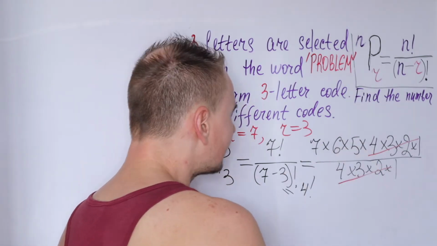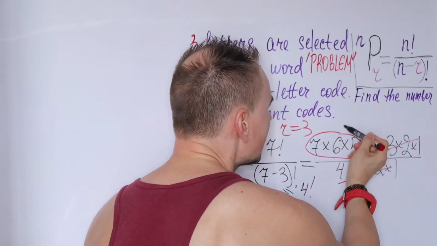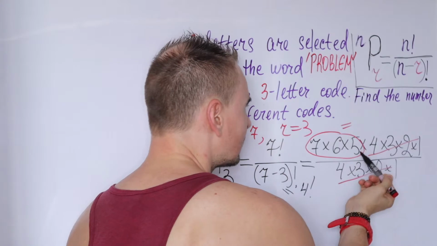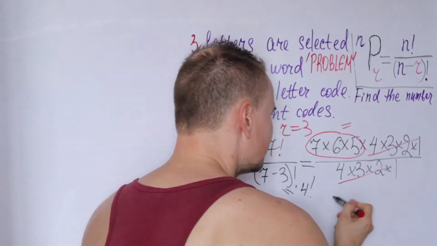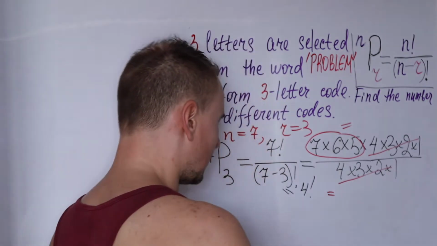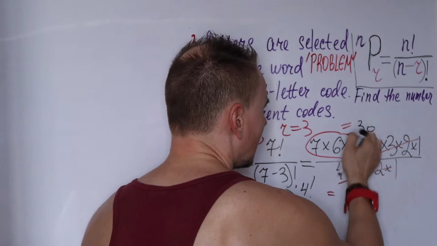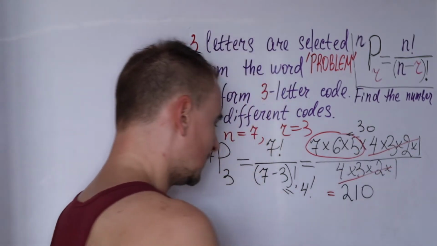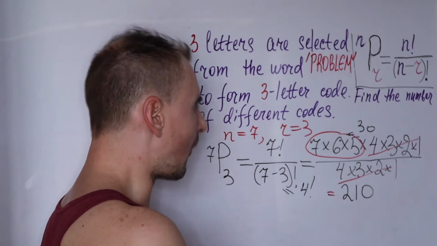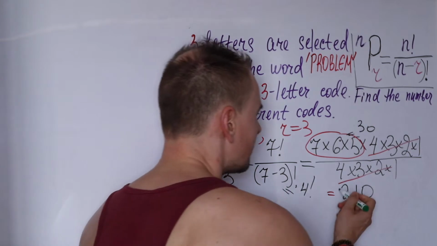So you would be left with this product, 7 times 6 times 5. So 6 times 5 gives you 30, and times 7, 210. That is the total number of permutations that can be made from this word.